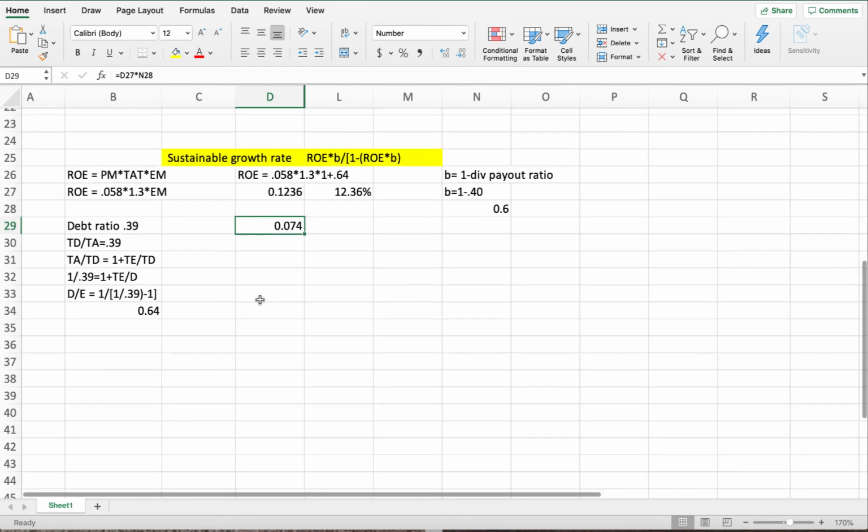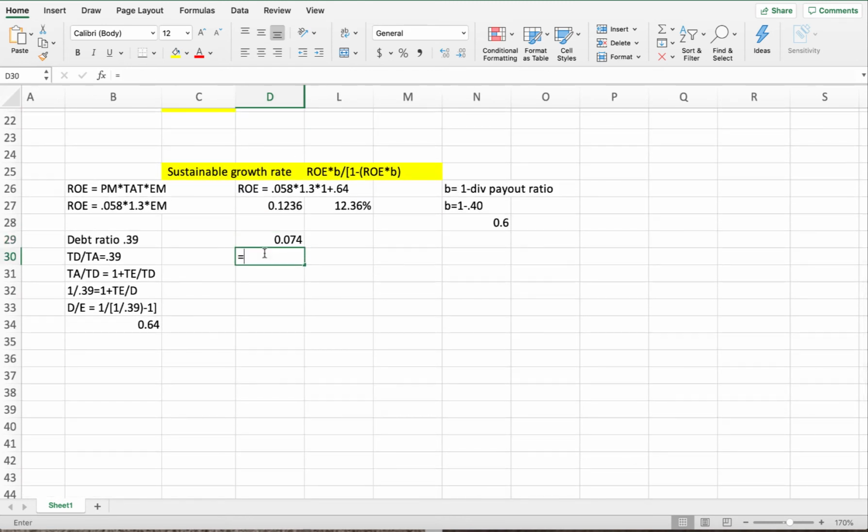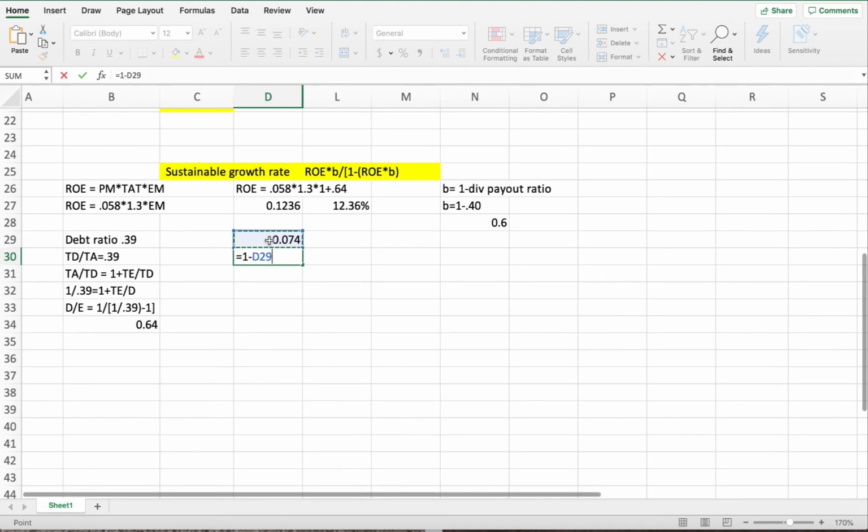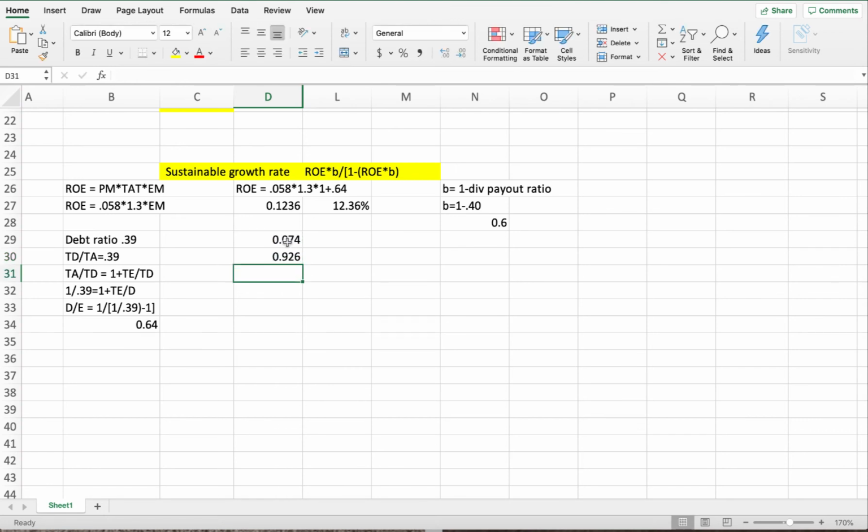And then the denominator for the sustainability equation is 1 minus the product of ROE times B. I get 0.92. And the sustainable growth rate is 0.0801. And that's the sustainable growth rate. So that's how you figure out number 8.